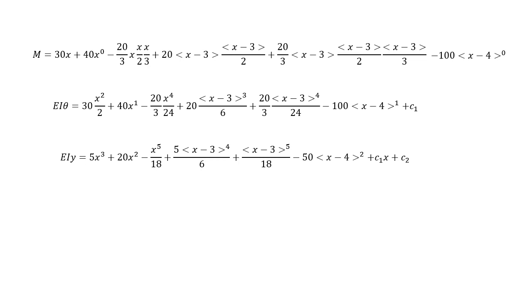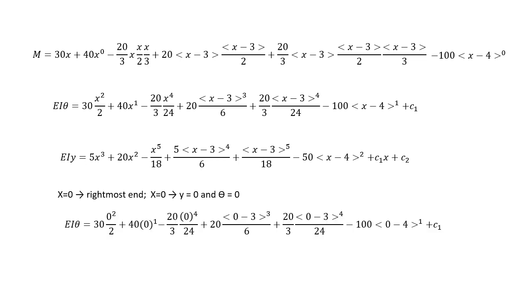Since the rightmost end is now our x is equal to 0, there, you substitute x is equal to 0 to the two equations to get where EIY is 0 and EI theta is 0. So, doing so, for EI theta, you see the zeros.